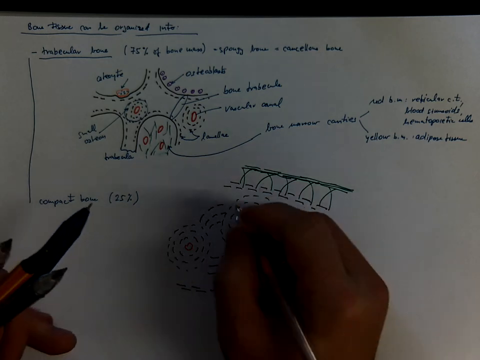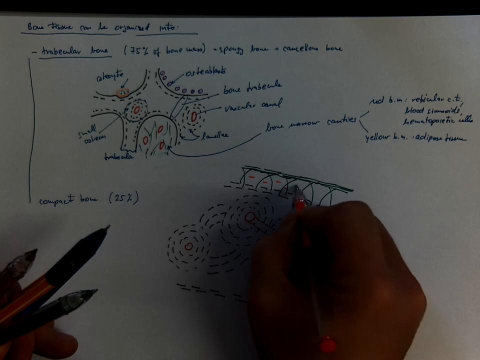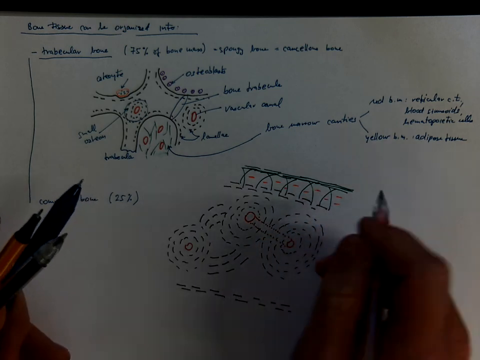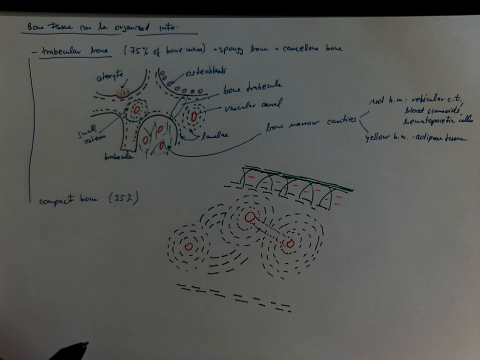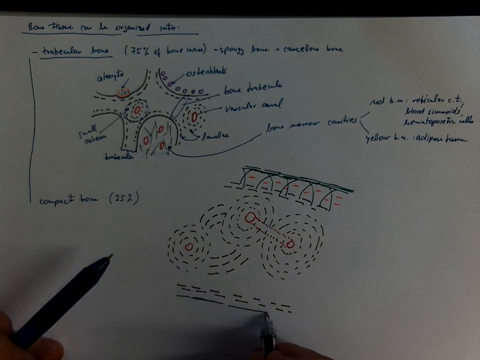And there is also an inner layer of periosteum where generations of osteogenic cells reside. On the inner aspect, there is a thin connective tissue layer called endosteum.